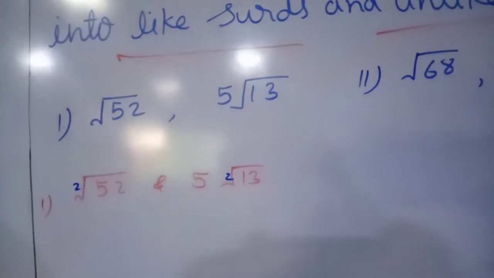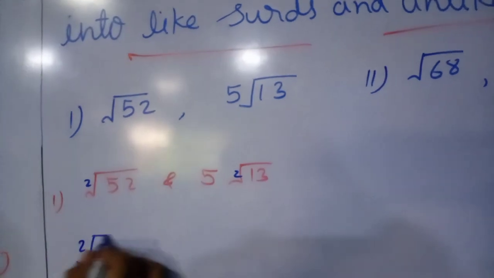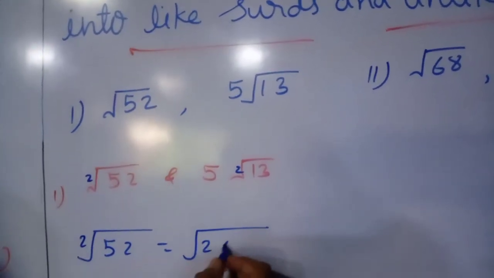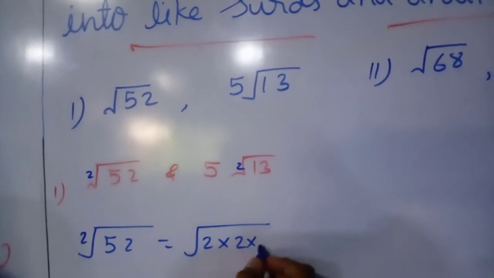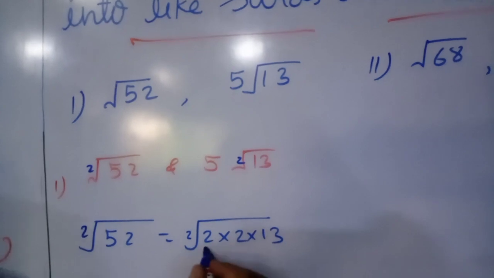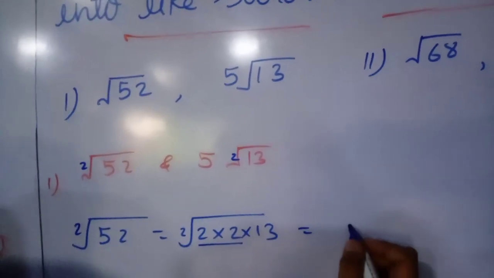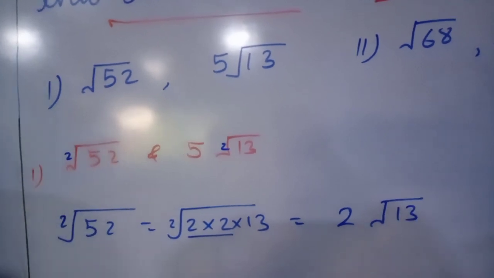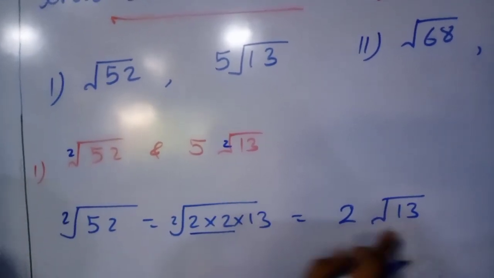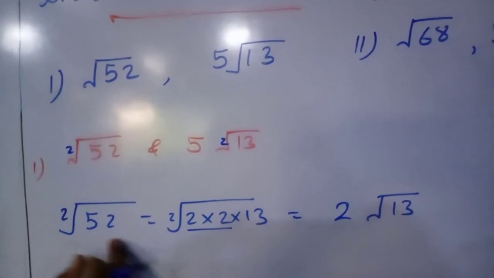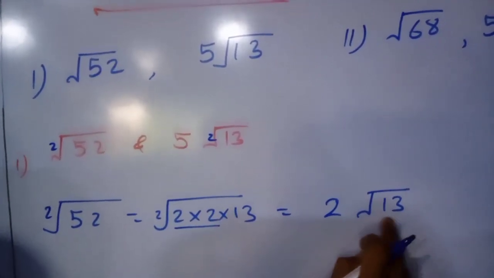One condition is fulfilled. But here we have the radicand 52, here we have the radicand 13. Can we factorize this 52? Yes, we can write 52 is equal to 2 2s are 4 into 13. Order is 2, make the pair of 2, 2 comes out and we have 2 root 13.